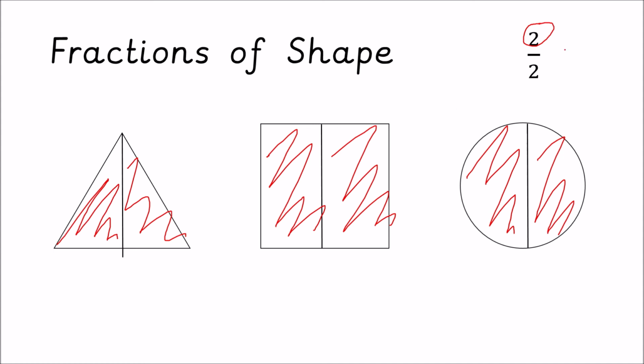Okay, because if I have 2 out of 2, I actually have my whole 1. And I don't need to worry too much about that if you don't get it at this point, but if you are one of those people who is sitting at home and thinking, oh, that looks like I've shaded a whole 1 in, I thought I'd mention that for you.